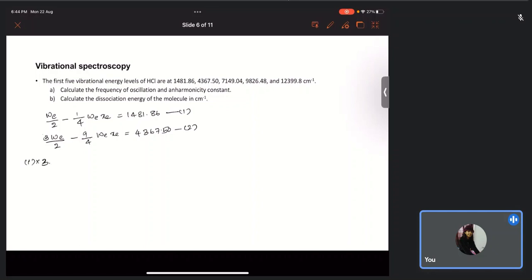So basically this will become 3 omega E by 2 minus 3 by 4 omega E Xc equal to 1481.86 into 3, which is 4445.8.